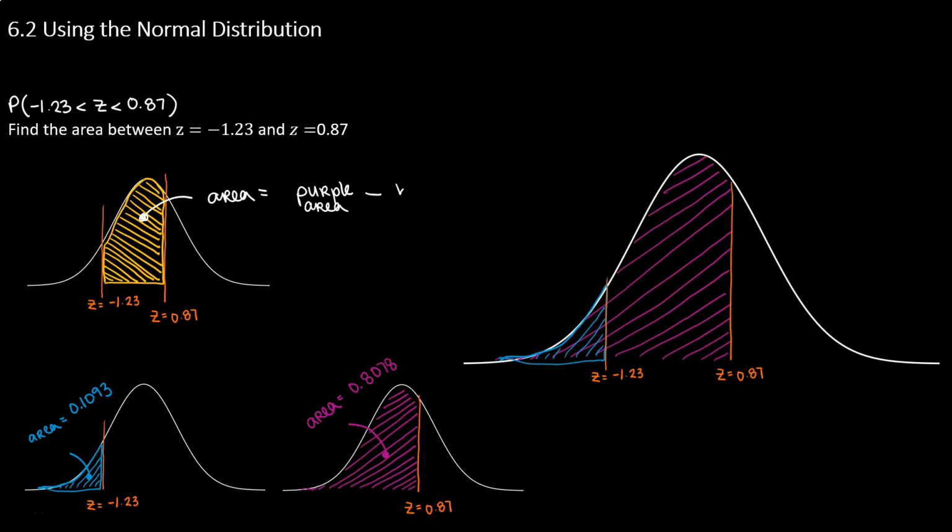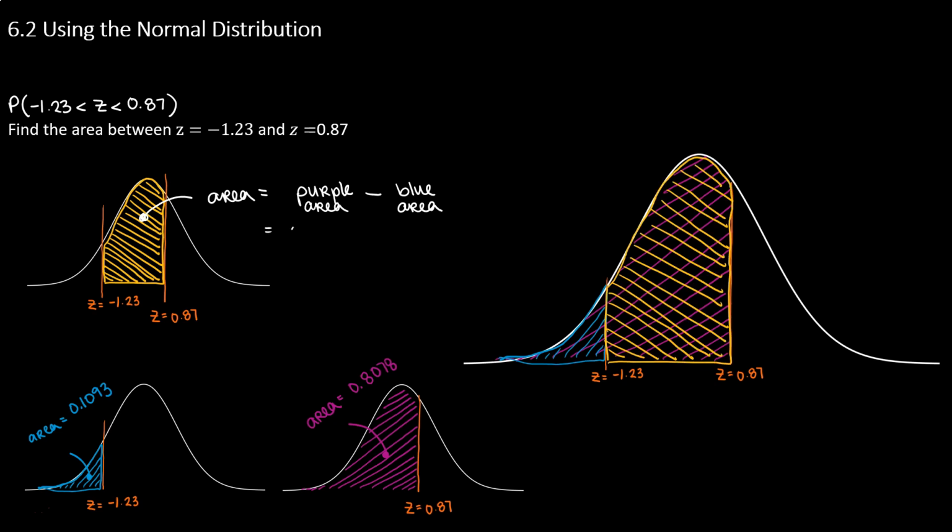So if we do purple area minus blue area, we'll get exactly what we're looking for, which would be the yellow area. So using those two area calculations that we read from our table, we'll calculate the difference to get our final answer. The probability that our variable has a z-score between negative 1.23 and 0.87 is about 70%.